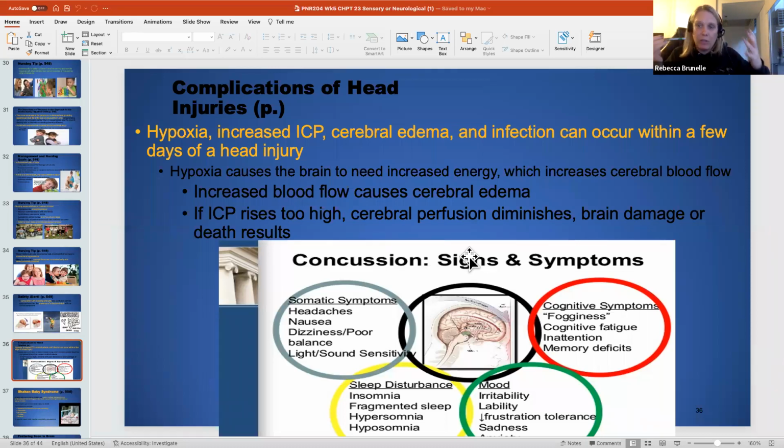So if you don't have enough oxygen in your blood, more blood will go to your brain to make up for the fact that there is oxygen missing from the blood. And that increased blood flow can cause cerebral edema, which then can cause increased intracranial pressure. So just be aware that sometimes after a head injury, you can have signs of increased intracranial pressure a couple days later. So parents need to know how long they need to be monitoring their child.